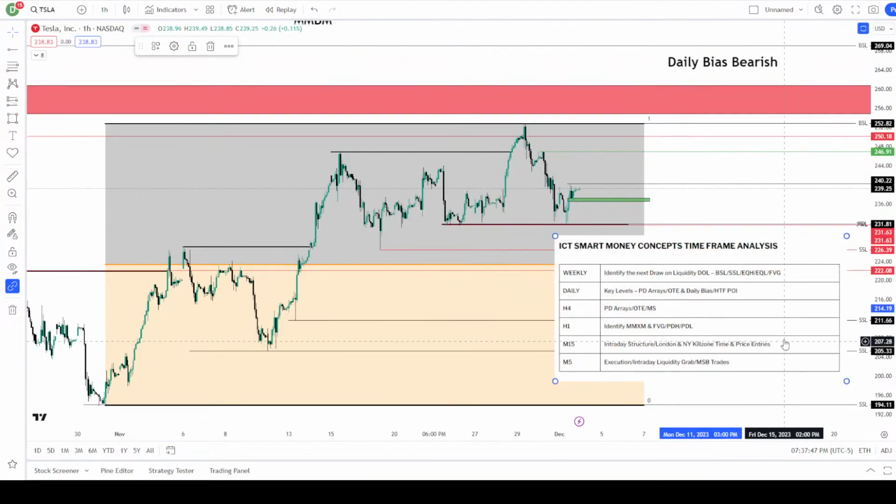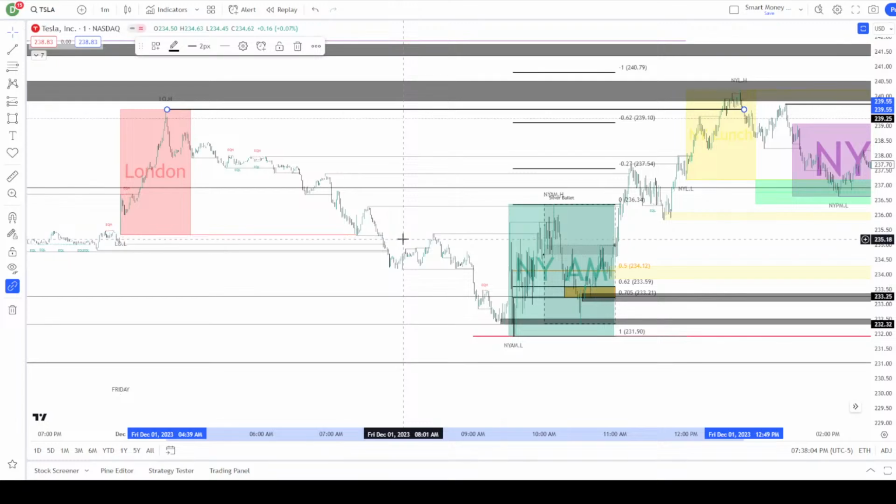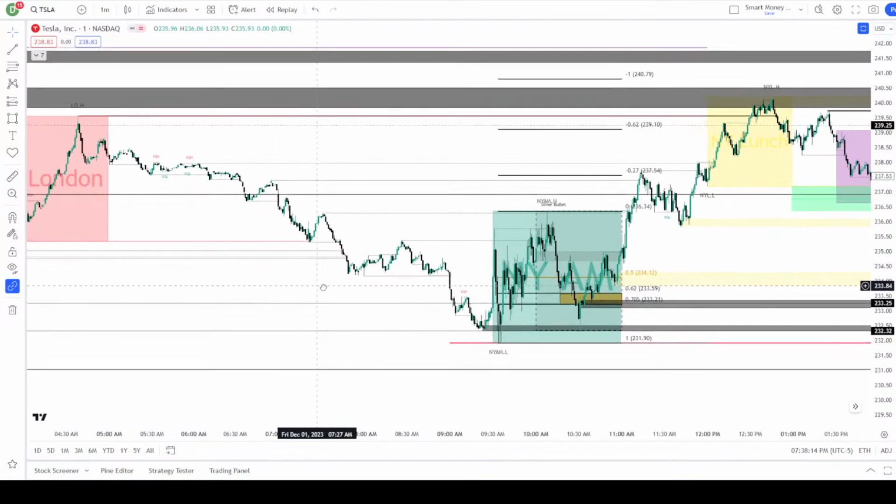If any of you guys who have been following were ever curious when you're like, oh, why do we skip over the intraday structure, the London, New York kill zones and the price entries? Because it's hard to show that when we're setting up a chart. It's kind of irrelevant because it's happening live. That's happening in live time. It doesn't do us much good to go back and look at intraday structure on a 15-minute chart from price that already happened, unless you're just studying it for reference of why price did that.